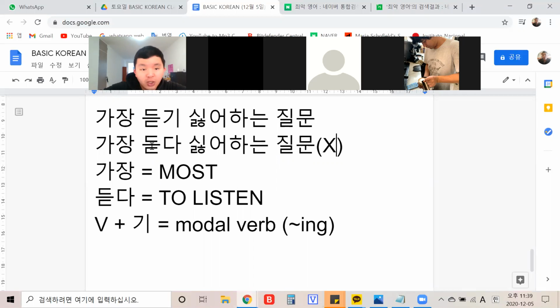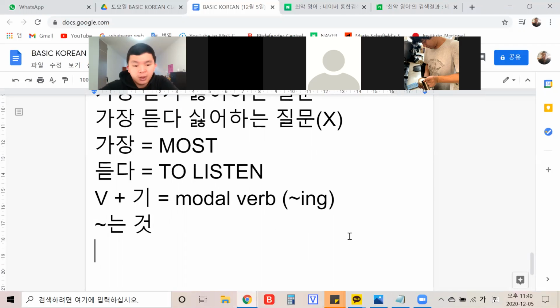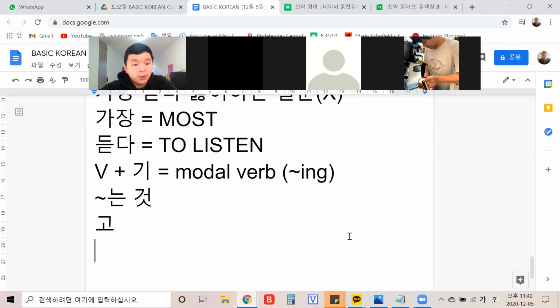Remember, you need to change the original form of the verb to another form. There are several options. This key is one option. If I just mention them, there's key, or 는 것, or maybe 고, or maybe one more thing, like those things.